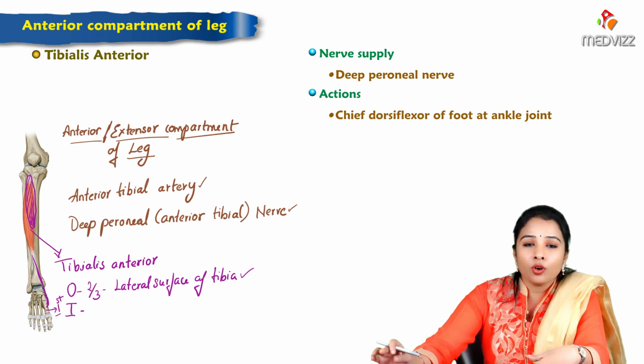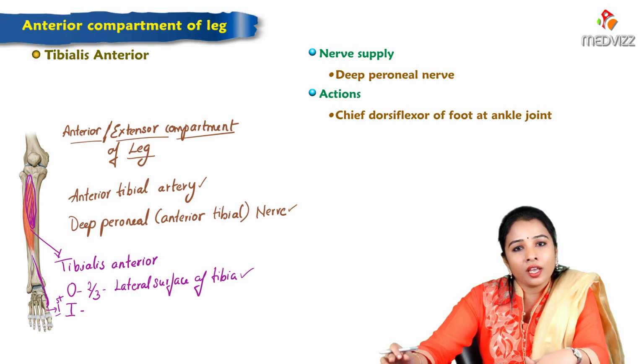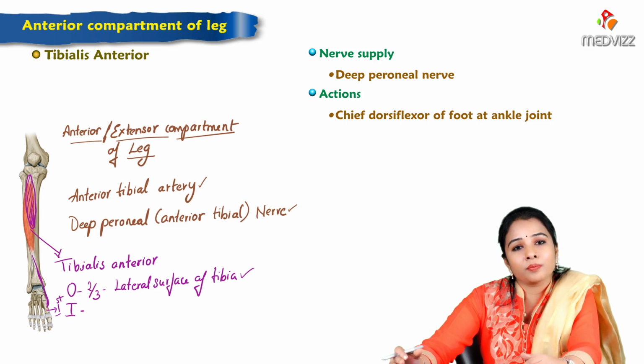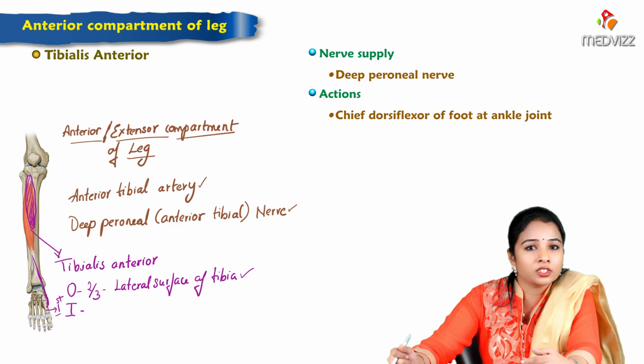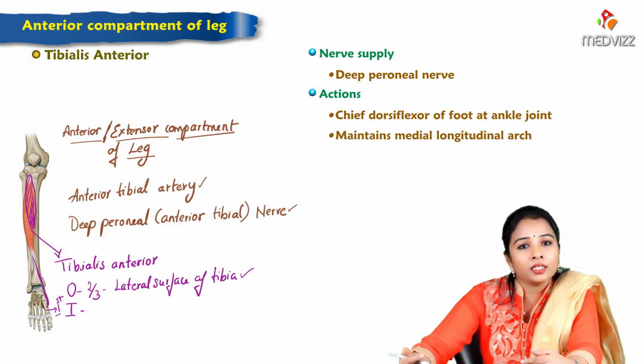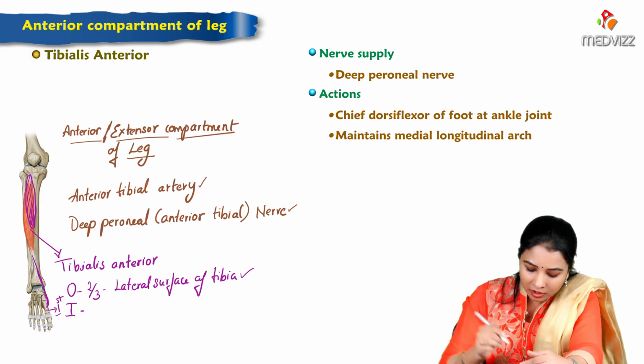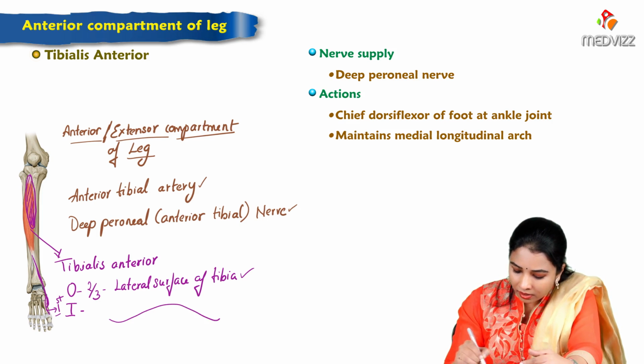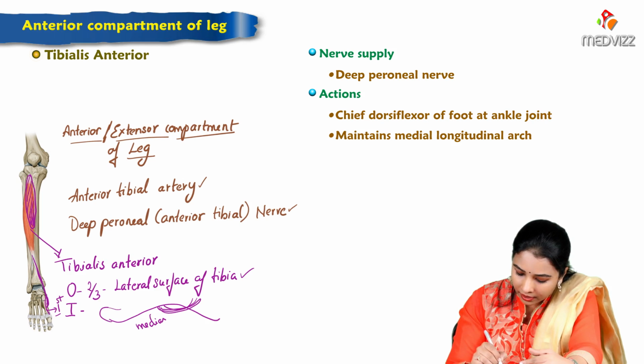It is the chief dorsiflexor of the foot at the ankle joint. That is the reason it is called the chief extensor in the anterior compartment. It also maintains the medial longitudinal arch because it goes on the medial side. So this is the medial side of the foot, and this is the great toe.